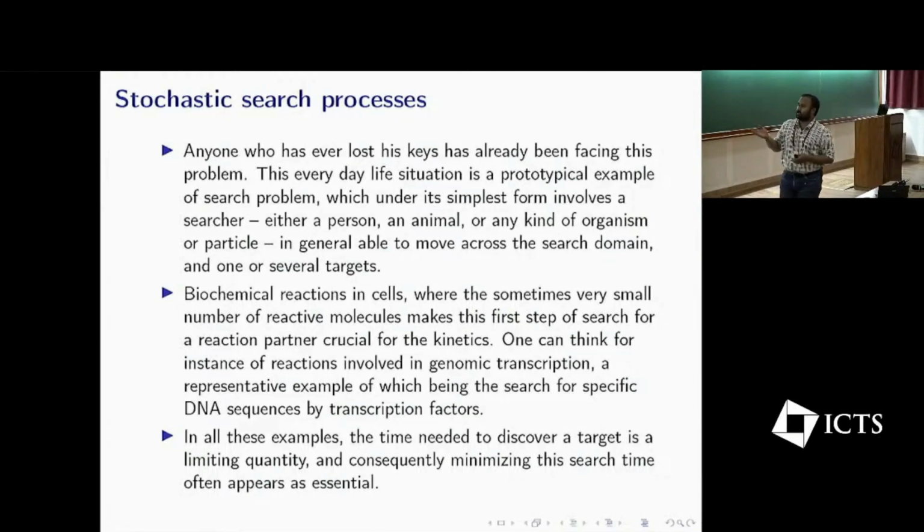Similarly, animals search for food. In biochemical reactions, such as DNA transcription, cells are reacting with reactive molecules. That is also a search process. In all these examples, the time needed to discover the target is a limiting quantity, and consequently minimizing this search time is our actual aim.